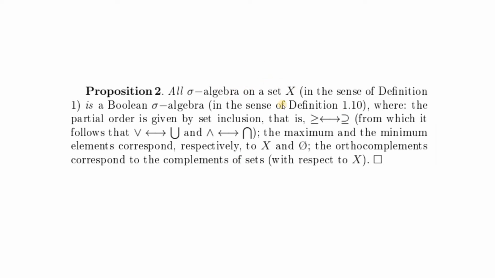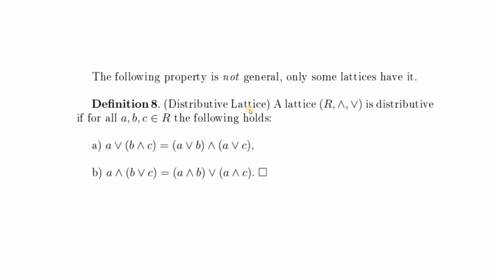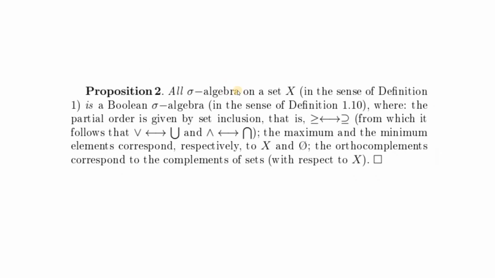So if we are dealing with sigma algebras on sets, we cannot go beyond Boolean sigma algebras, and that means distributive lattices. So in classical probability theories, we are always dealing with distributive lattices.